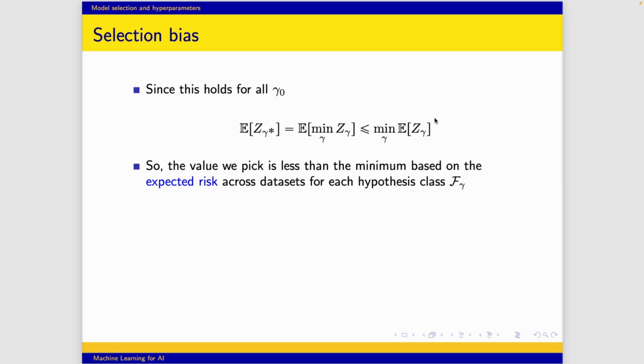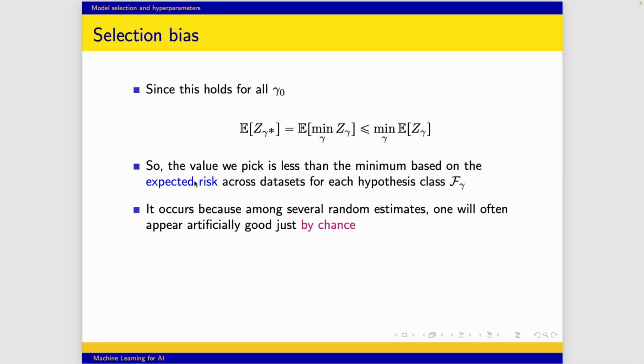But what we do know is that this is underestimating this truer reflection of the minimum risk based on the empirical risk. And this type of bias has a special name, and it occurs because among different random estimates, we can often get one that's particularly low just by sheer chance. This is the fundamental reason for this type of bias, which we call selection bias.